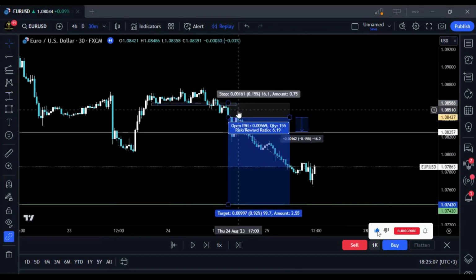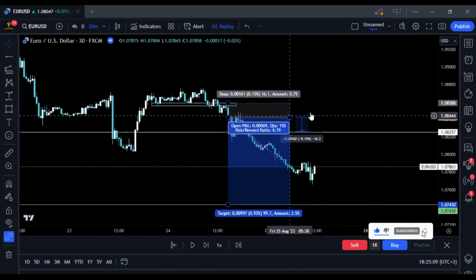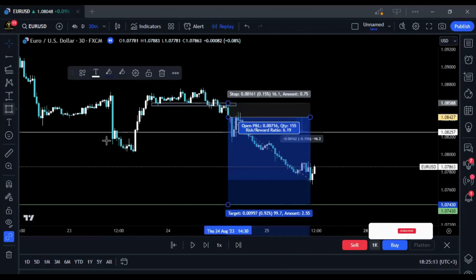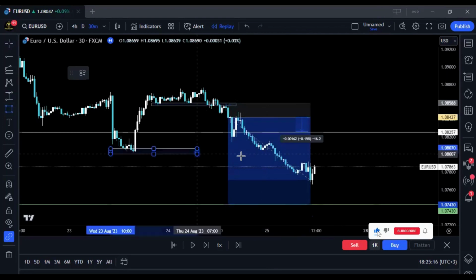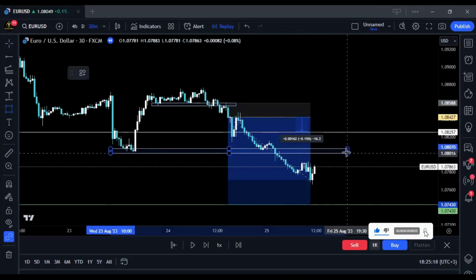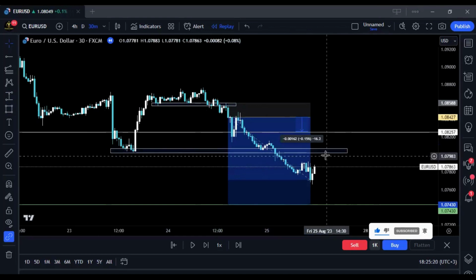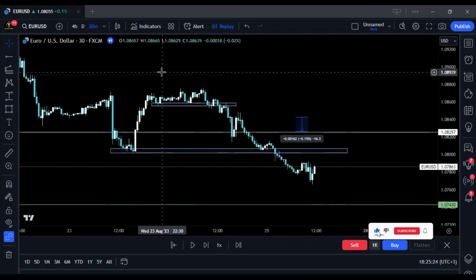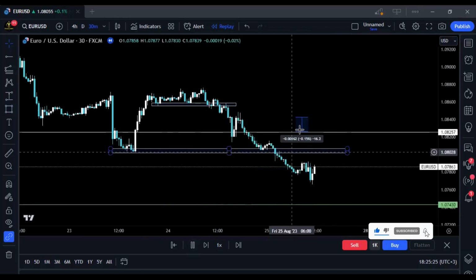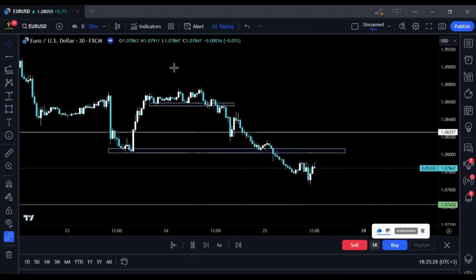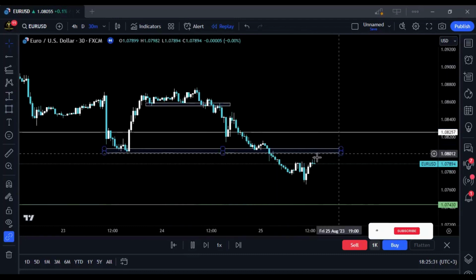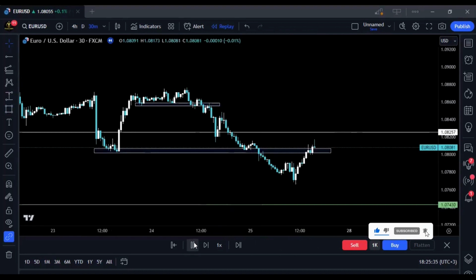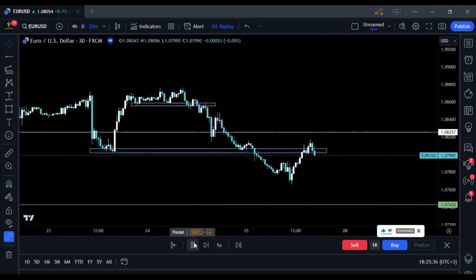So if you get a retest here, you might be looking for a confirmation. Prices have retested the structure, walk above it.